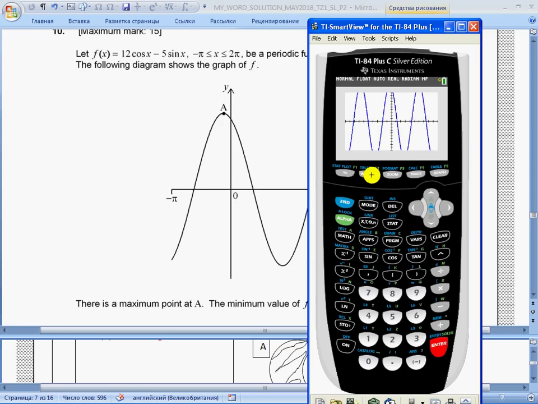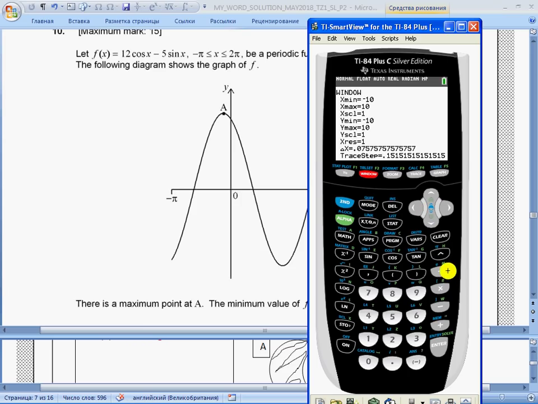Okay, so we need windows. We need from minus pi to 2 pi. Enter.